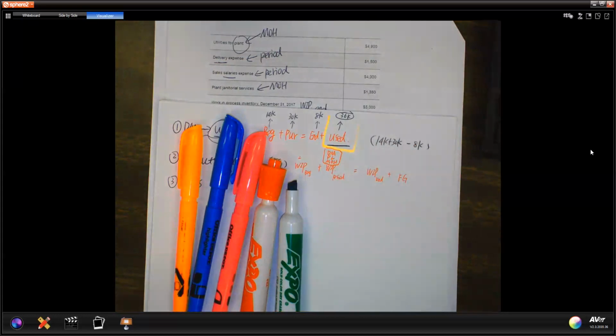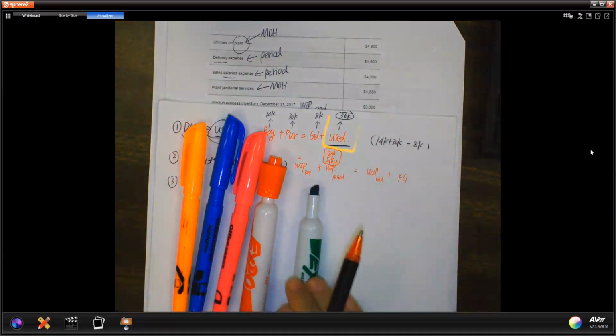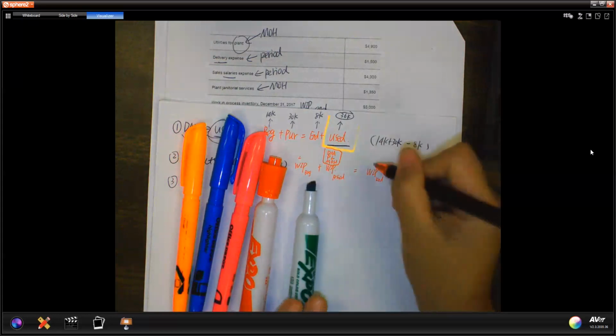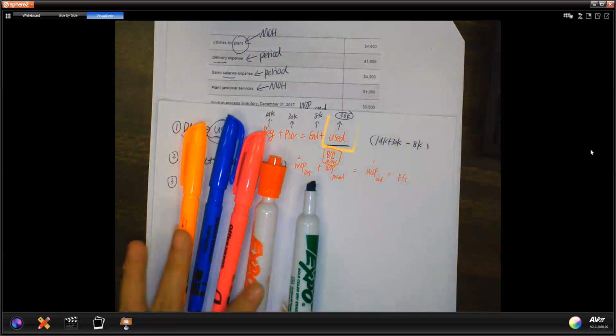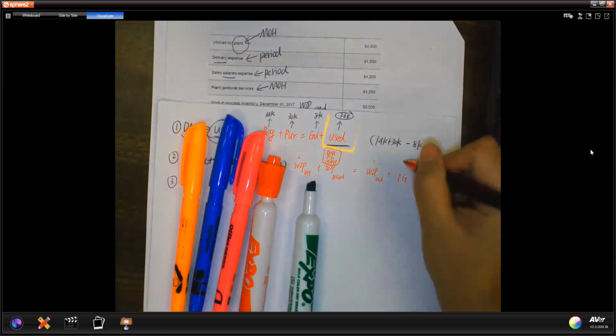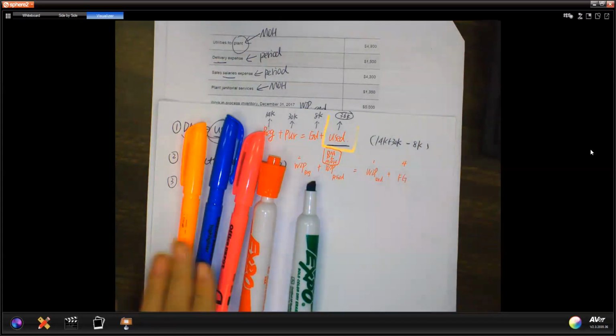And then at the end, you go to your production department, and you find out, oh, my work in process only has one left. And then you can figure out how many you have produced. You have produced 4. So that is basically how you get your finished goods.